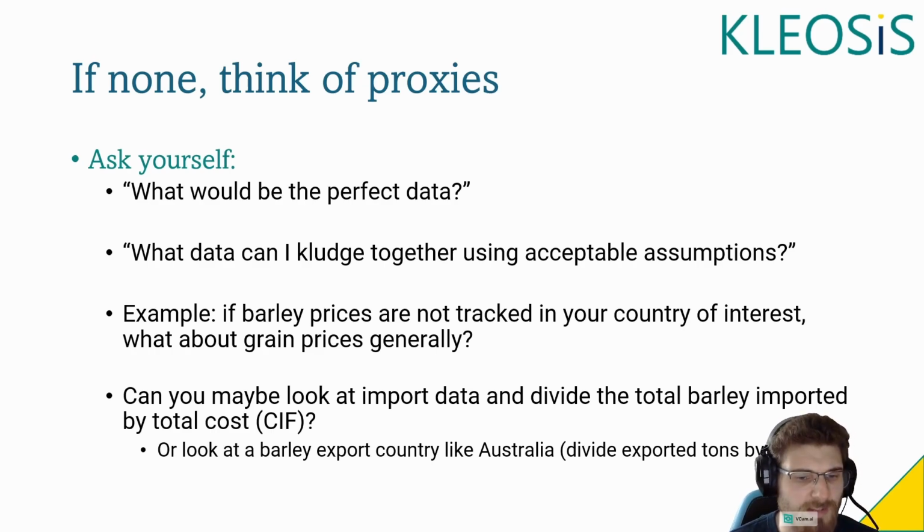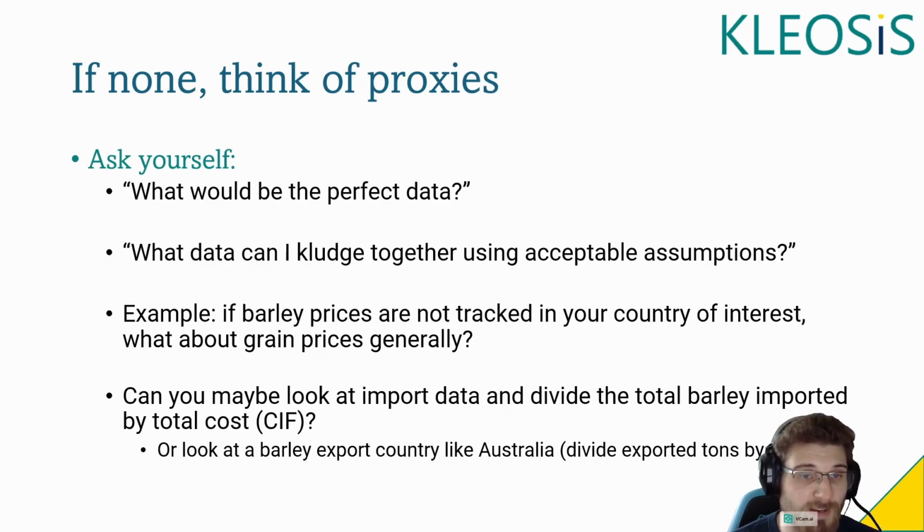And so we know that the export price of barley from a country that exports barley is going to be approximately the same as the import price, or what it costs our beer manufacturer to buy barley. There will be discrepancies, but at least it moves in the same direction.